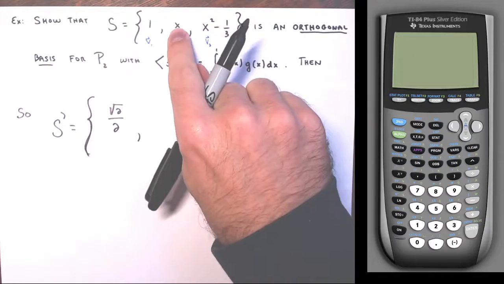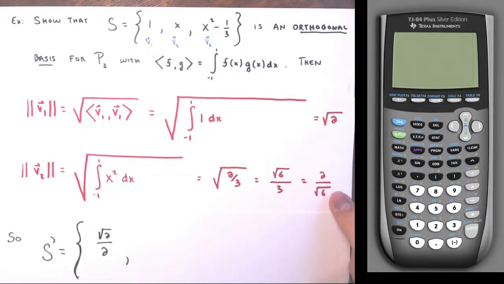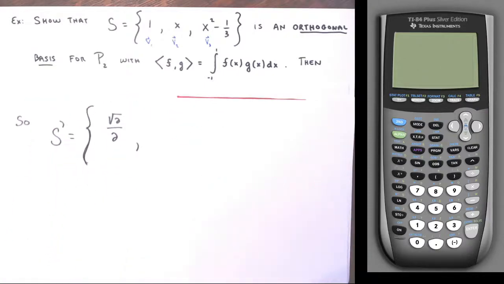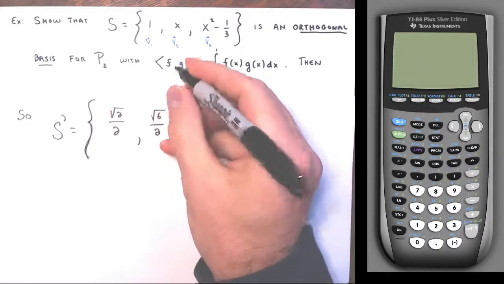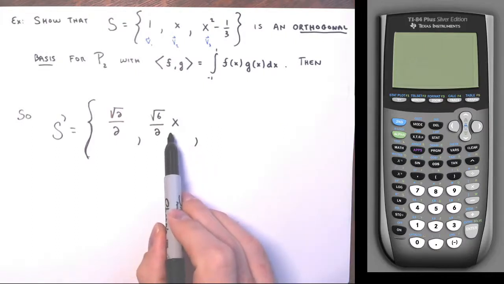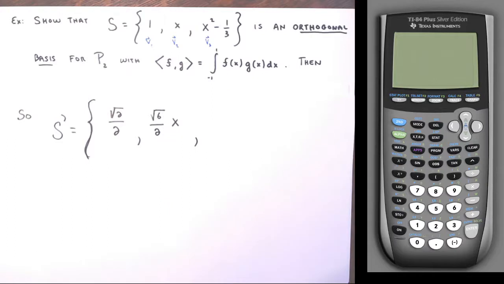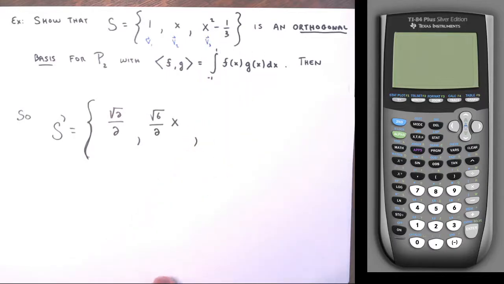Next, take x and multiply by the reciprocal of its norm. Its norm was 2 divided by the square root of 6. I multiply by the reciprocal, that'd be the square root of 6 divided by 2, times x. This polynomial is a unit vector under this inner product. And finally, taking x squared minus a third, multiplying it by the reciprocal of the norm.